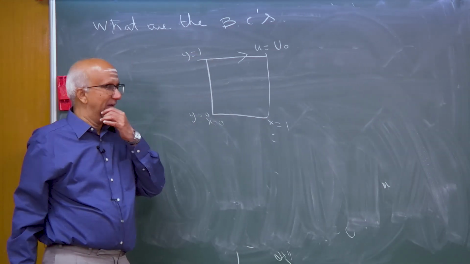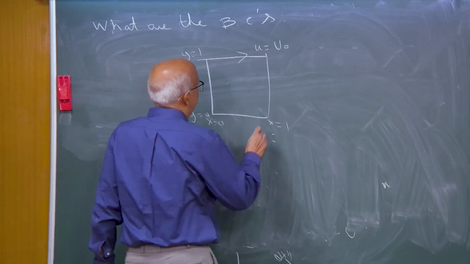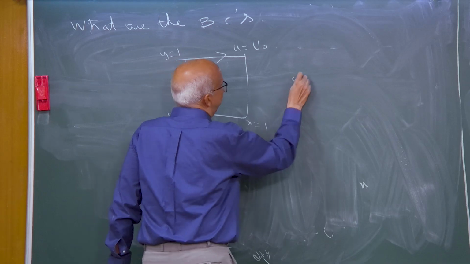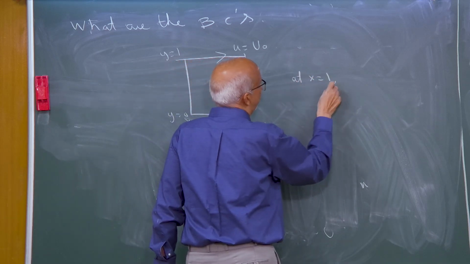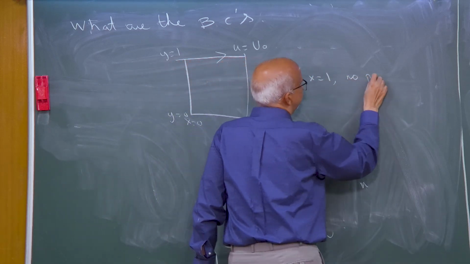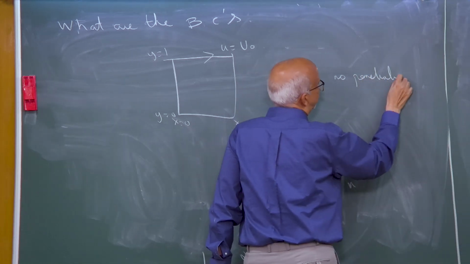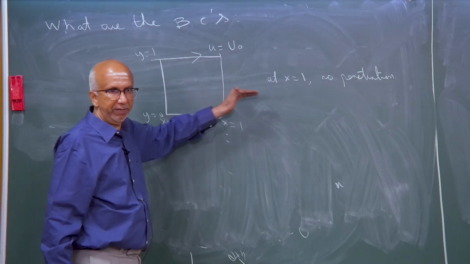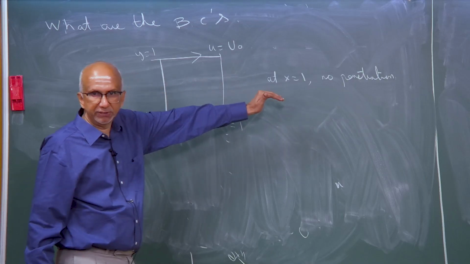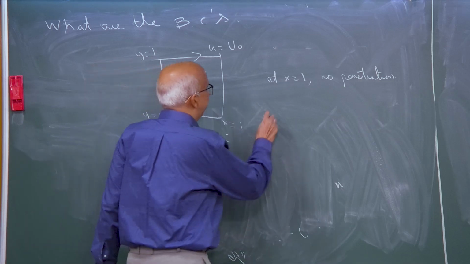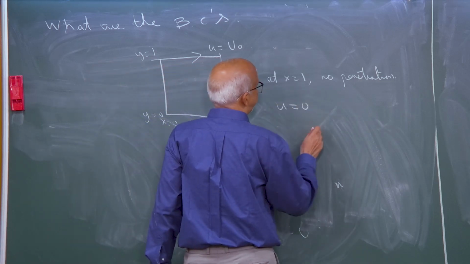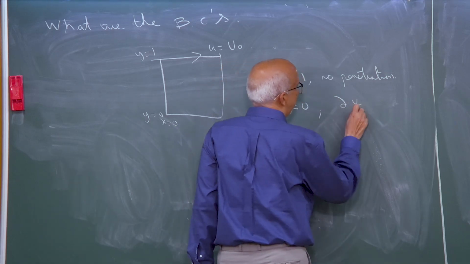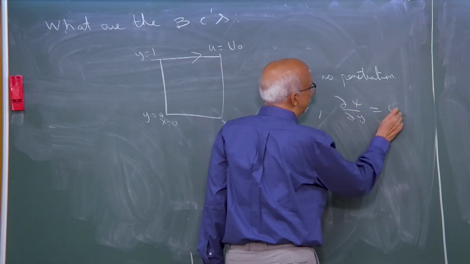Now the no penetration condition at x equal to 1: what is the meaning of it? No penetration means the x component of velocity is 0. That is u is 0, which means in terms of stream function, d psi by dy is 0.